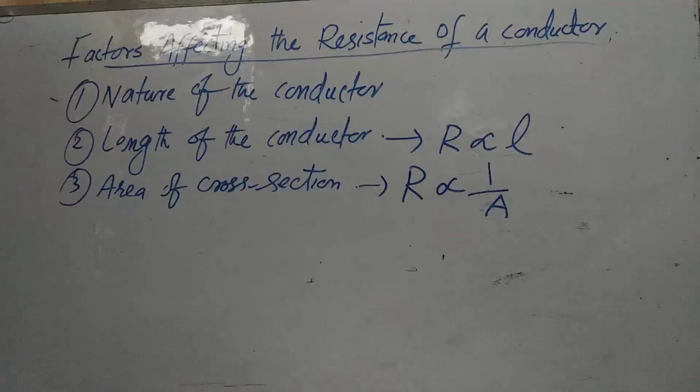So the resistance depends on the nature of the material, what the material is made of. Different materials offer different resistances. Some materials have low resistance, while others have high resistance.